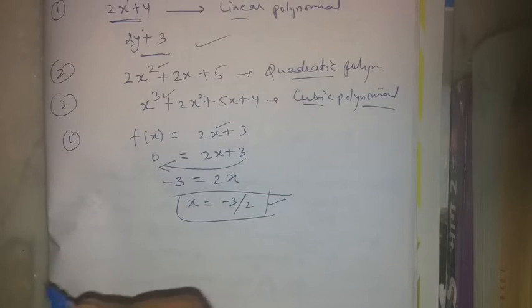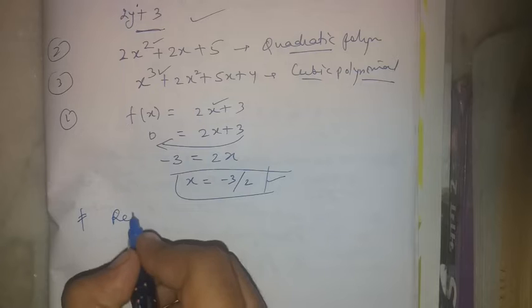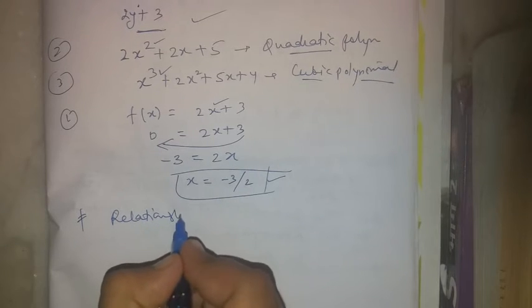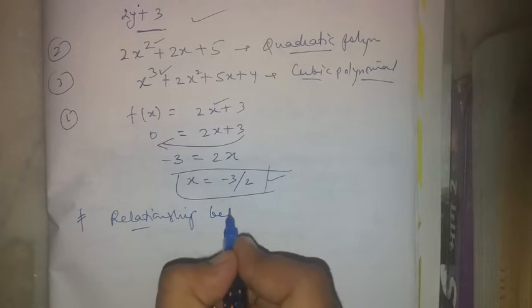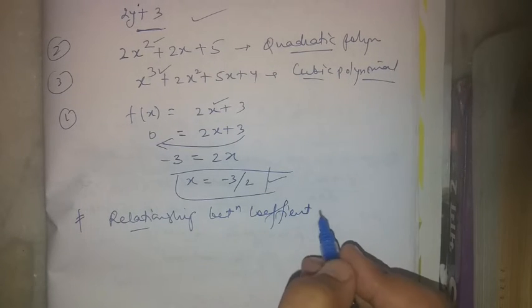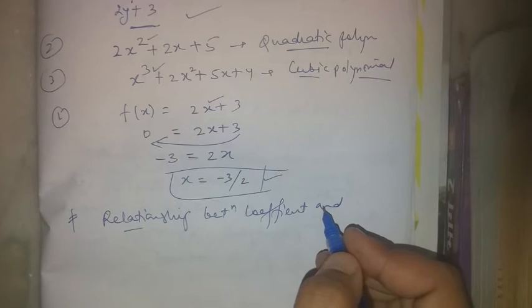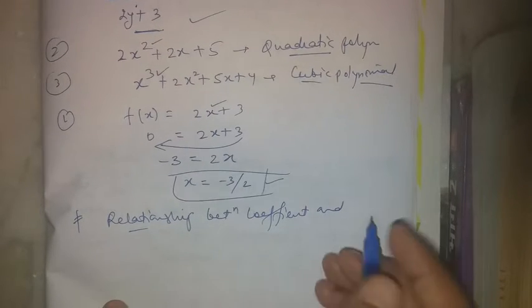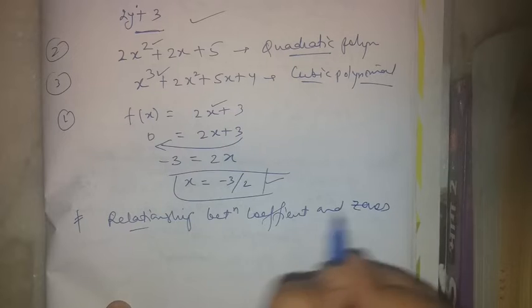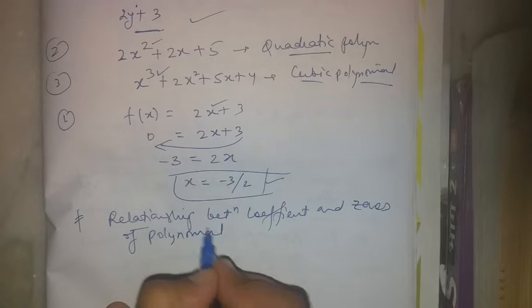Now we are going to do the relationship between coefficients and zeros of a polynomial. This is the most important thing.